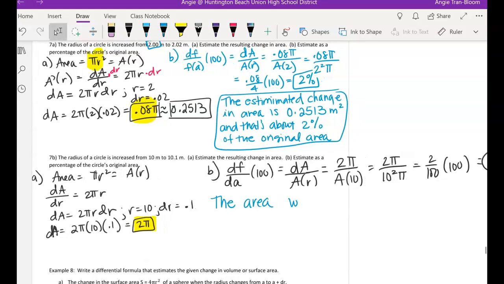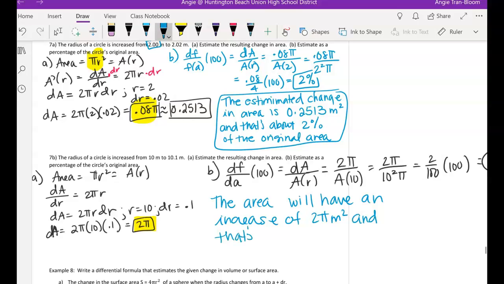So area will have an increase of 2 pi meters squared, and that's about 2% increase from the original circle's area.